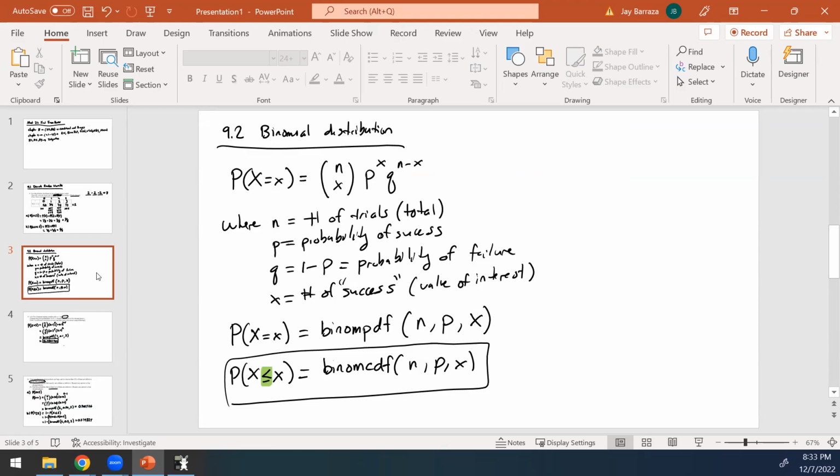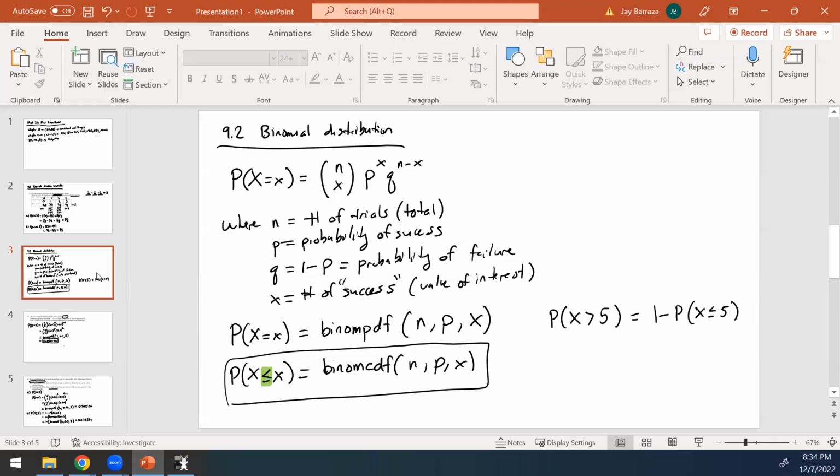It'd be cool if your calculator let you change the inequality explicitly, but it doesn't, unfortunately. So let's just actually use a number. The probability that X is greater than 5 is the same thing as 1 minus the probability that X is less than or equal to 5.